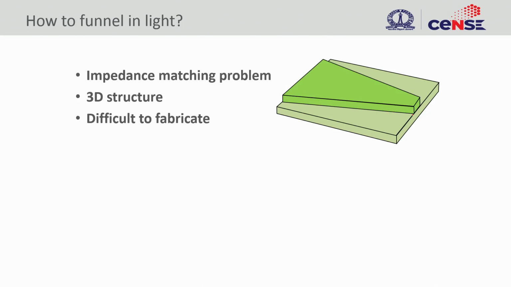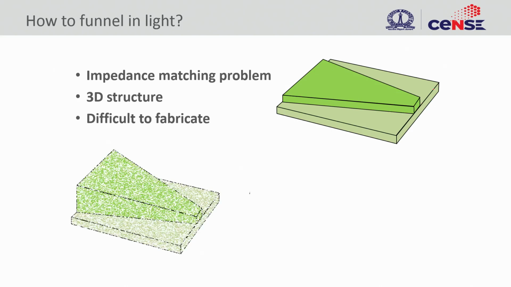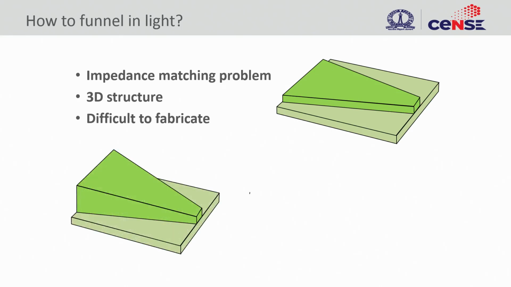So, this is similar to the impedance matching problem in other fields. You can use a very neat funnel-like structure on a thin film, right. You can also make it 3-dimensional, but this is very hard to fabricate.